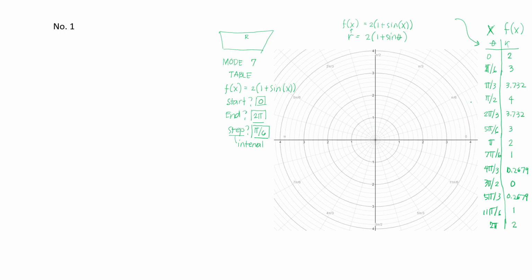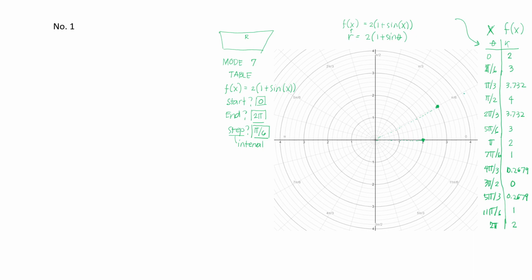I think what you need here is a protractor. For the zero angle, this one is the 2, di ba? So 2. Okay. And then 3 at pi over 6. So 3 is on this point, di ba? Then going towards pi over 6.